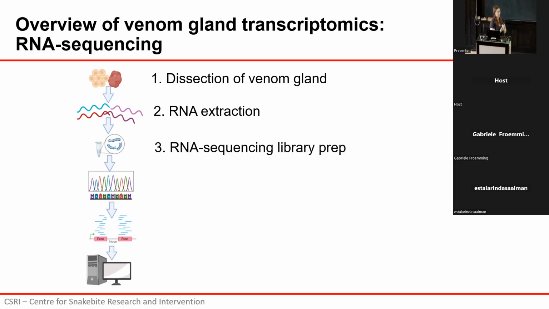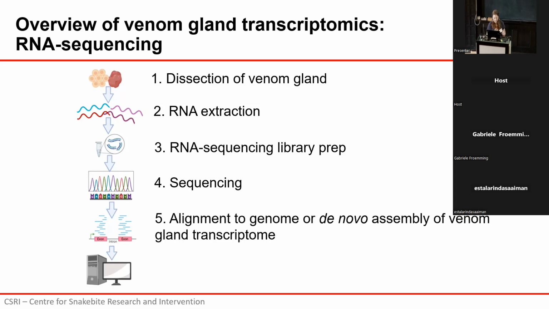We have RNA sequencing library prep. You have the sequencing technologies themselves, and your RNA prep for the sequencing needs to correspond with the sequencing technology you're going to be using. And I'll cover all of this in my next slides.